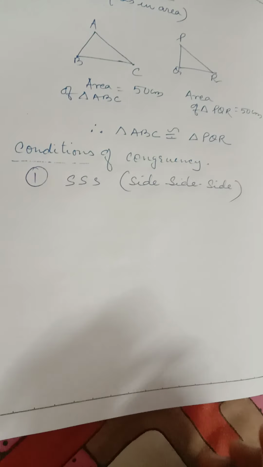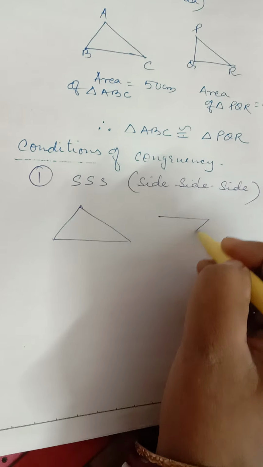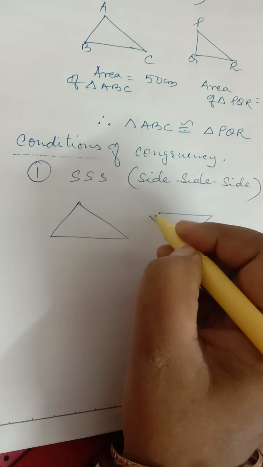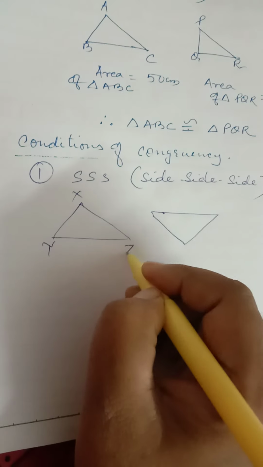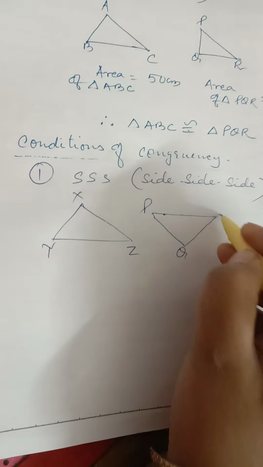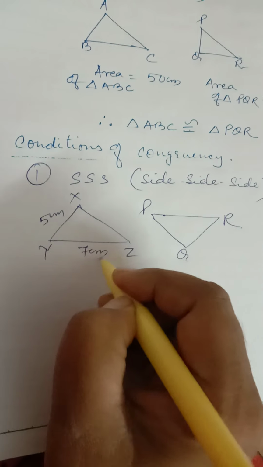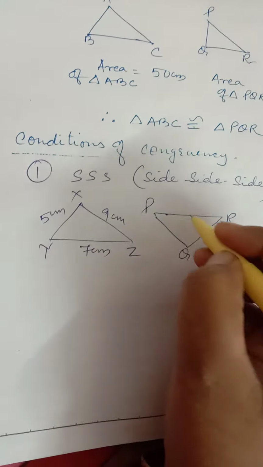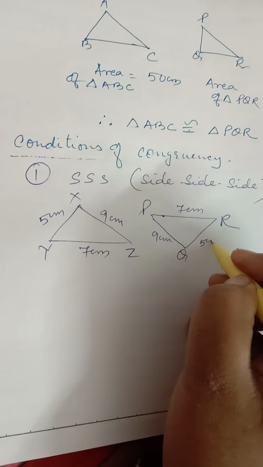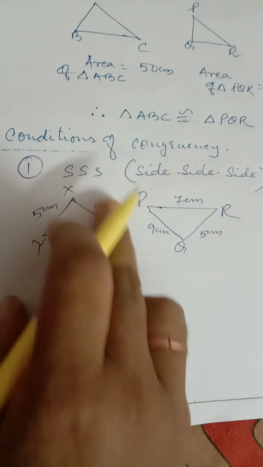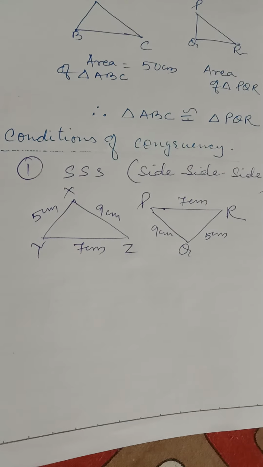Now, when you have two triangles, XYZ and PQR, maybe this is 5 centimeter, this is 7 centimeter, and this is 9 centimeter. Here this is 7 centimeter, this is 9 centimeter, and this is 5 centimeter. We can see all three sides of triangle XYZ are equal to all three sides of triangle PQR.